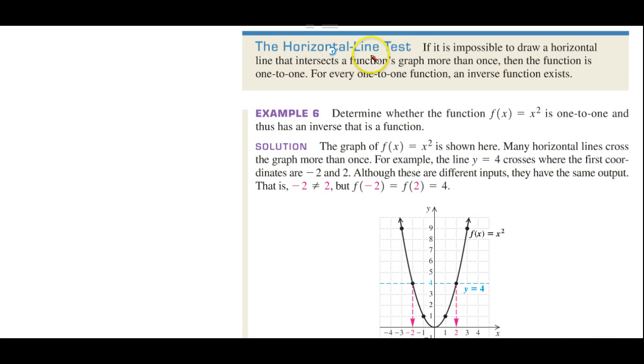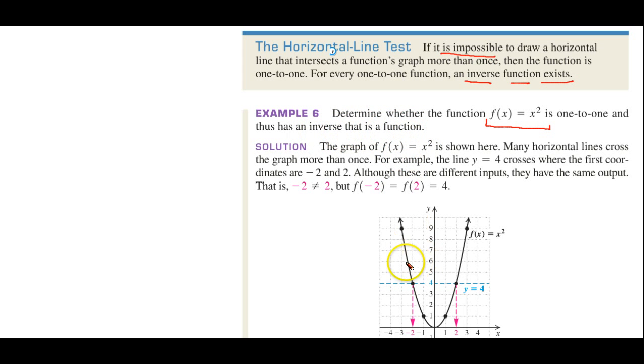As we look at the horizontal line test, it says if it is impossible to draw a horizontal line that intersects a function's graph more than once, then the function is one-to-one. For every one-to-one function, an inverse function exists. So as we look at example 6, determine whether this function, which is one of our old friends, a typical parabola, is one-to-one and thus has an inverse that is a function.